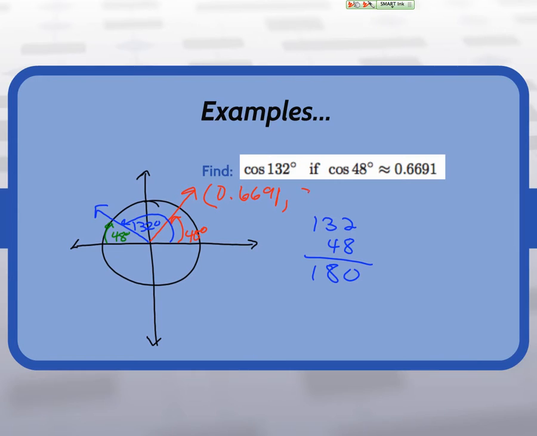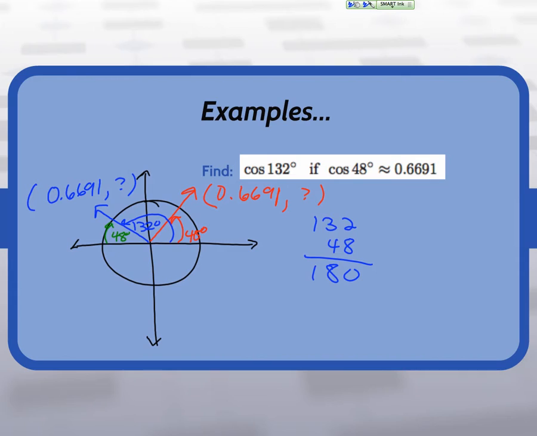I don't know what the y is, it's irrelevant right now. But, irrelevant was last week's ACT word. Okay. So if this is 48 degrees and my cosine is 0.6691, over here my cosine is still going to be 0.6691. Again, the y part's irrelevant.